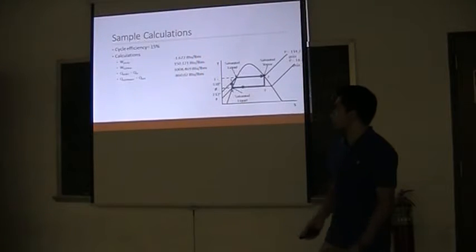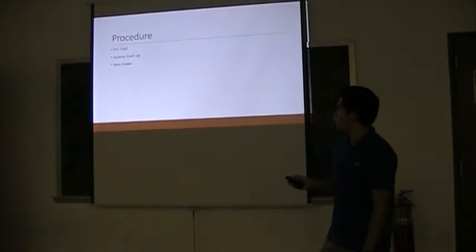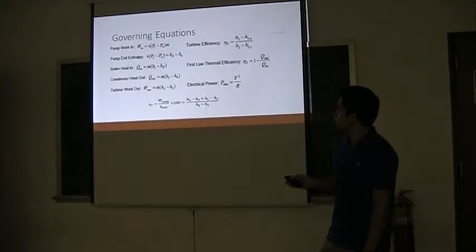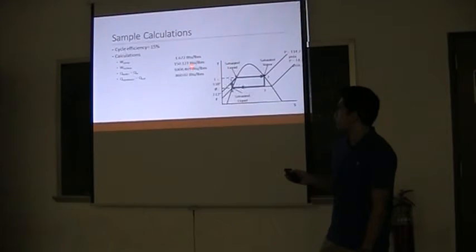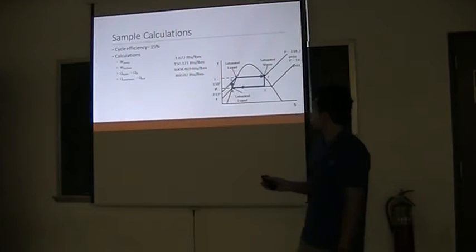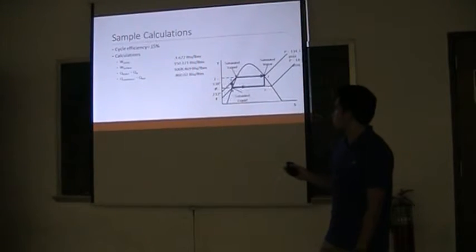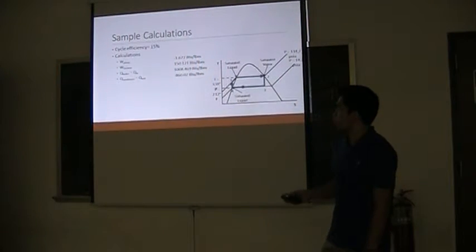So some sample calculations. We can do the work of the pump and then the turbine work here from the governing equations here. And then you can get it in BTU per pound mass from points 1 to 4, 1 to 2, 2 to 3, and 4 to 3.